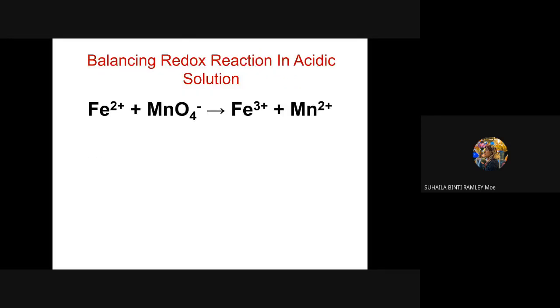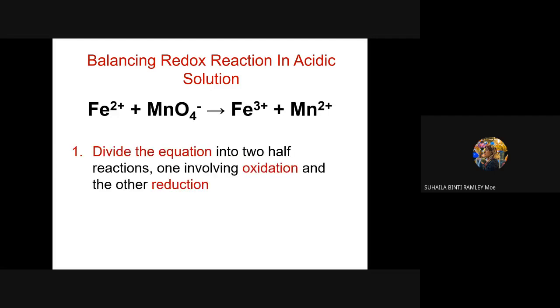Okay, for example, sini kita ada Fe2+, MnO4-, produce Fe3+ and Mn2+. So, divide this equation into two half equations. Two half equations tu means satu ialah oxidation, satu lagi ialah reduction. So kalau kamu tak tahu which one oxidation, which one reduction, actually kita fikir logik lah.